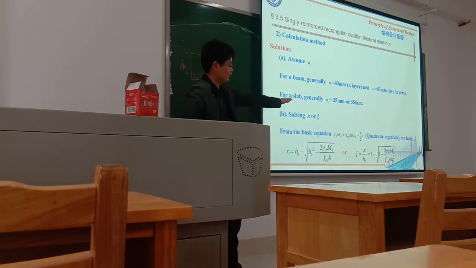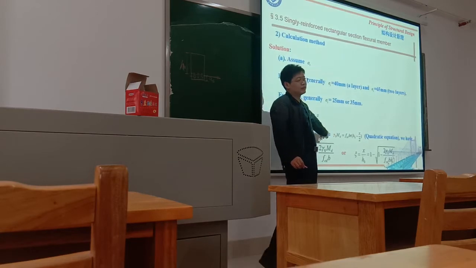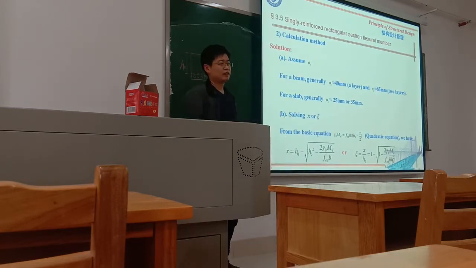What's the basis for this formula? Why can't we write the formula like this? Gamma 0 MD. What's the meaning of gamma 0? Gamma 0 is the sum of the moments of the tension force.